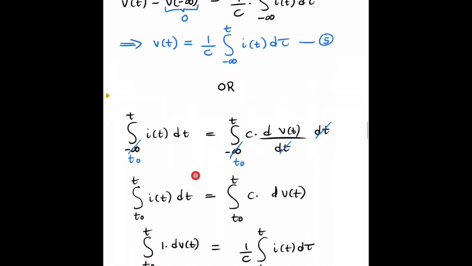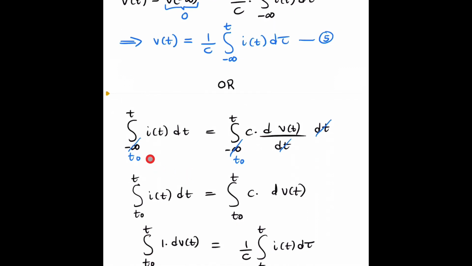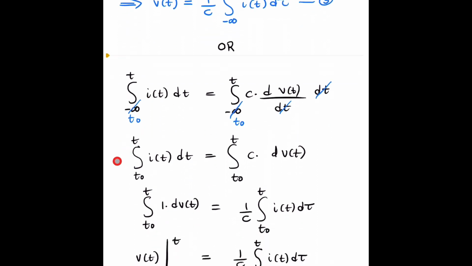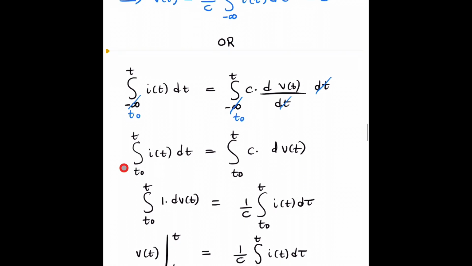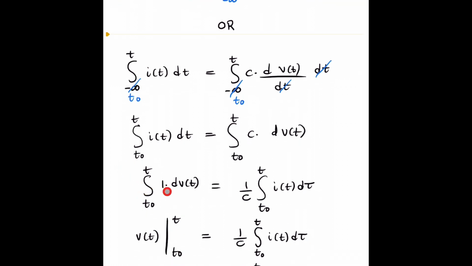Or instead of integrating from minus infinity to t, we can integrate from t0 to t. So we do the same thing on the right-hand side, t0 to t. And if we do the integration this way, from here, we get here, and then we get here.